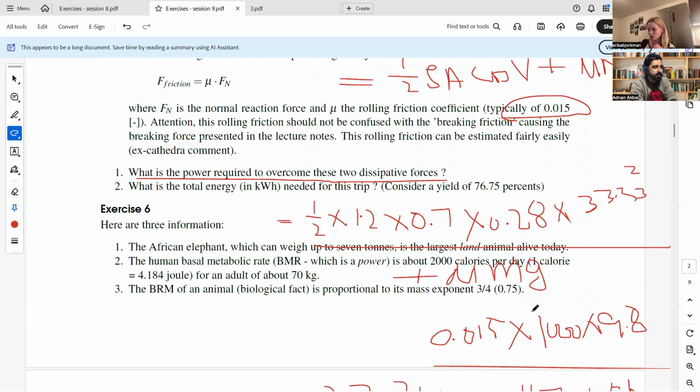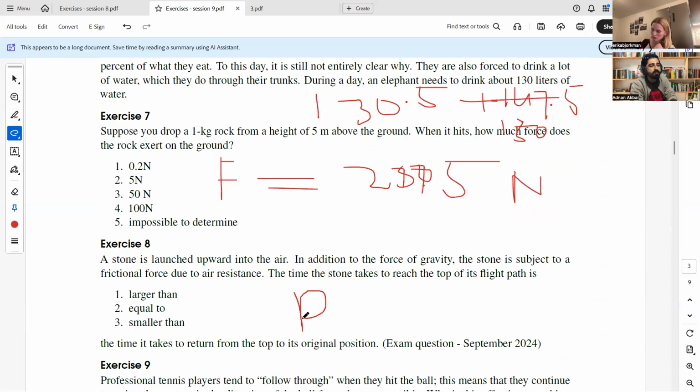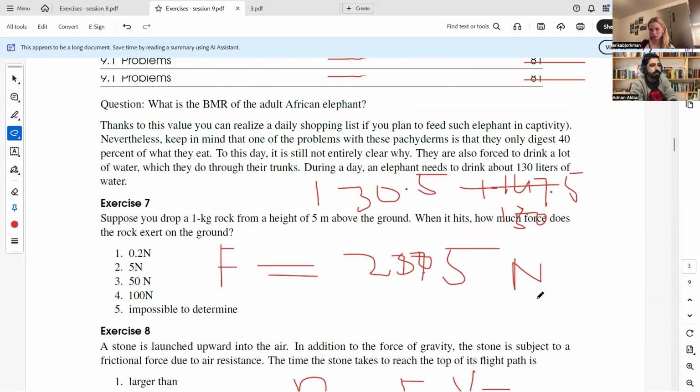But what you have to do is find the power required to overcome these two dissipations. For the power, you have the formula: power is the product of force and velocity. Force is given, and velocity is also given.